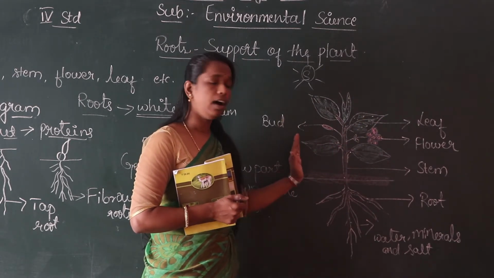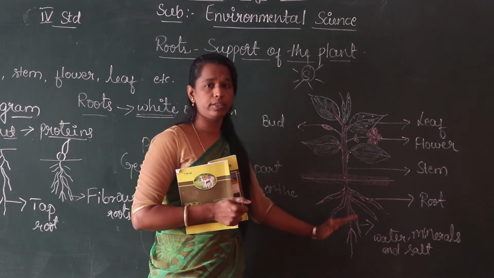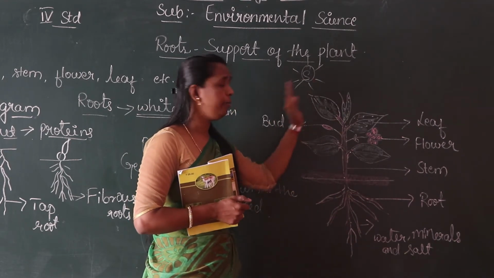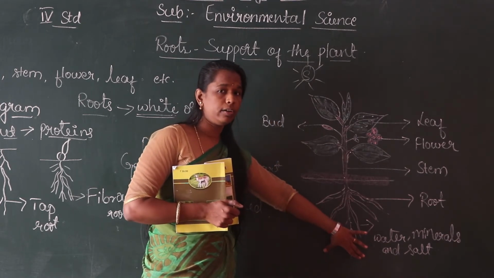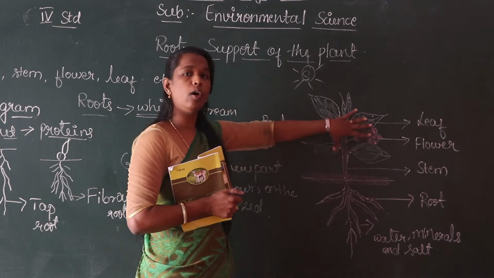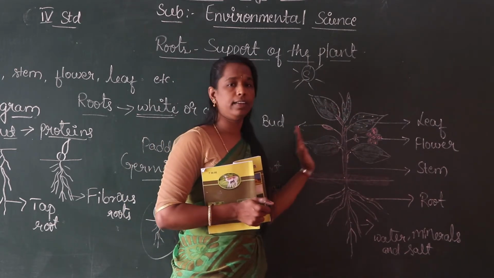Okay, children? How do we conclude that the roots transport water in the plant body? It transports the red colored water into all parts of the plant body, which means the plant becomes red in color.